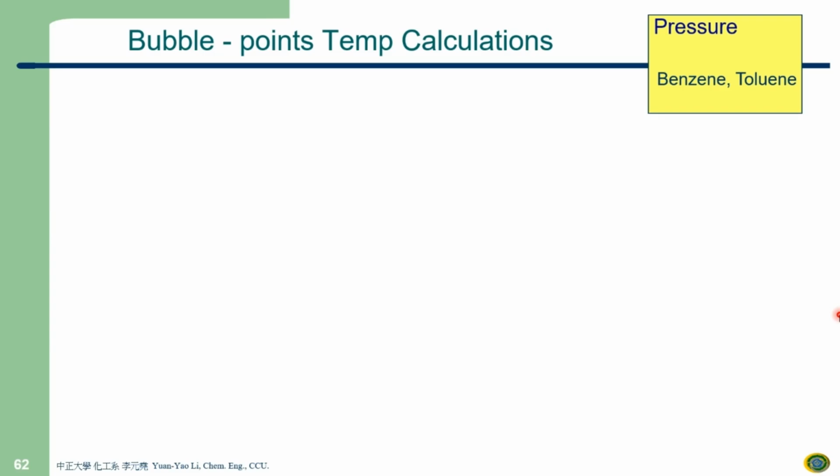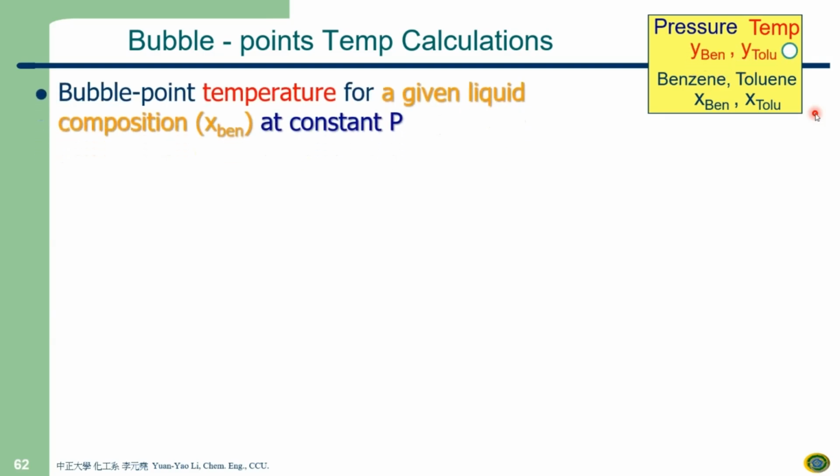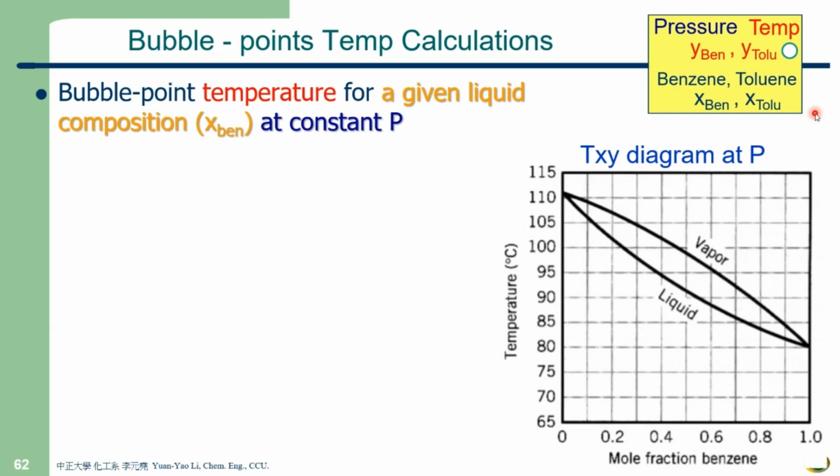At constant pressure, we know the initial molar fractions XA and XB, we increase the temperature, and we get the first bubble.